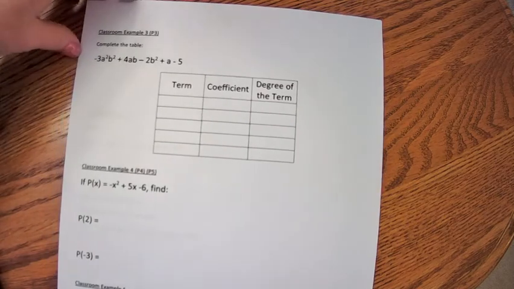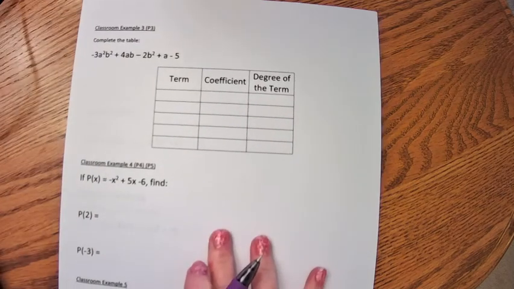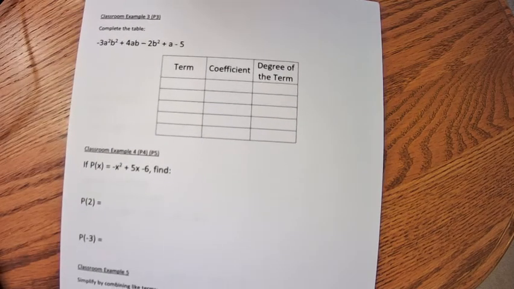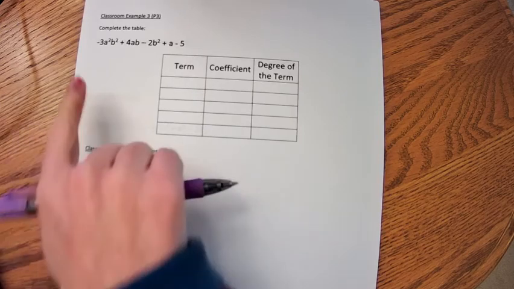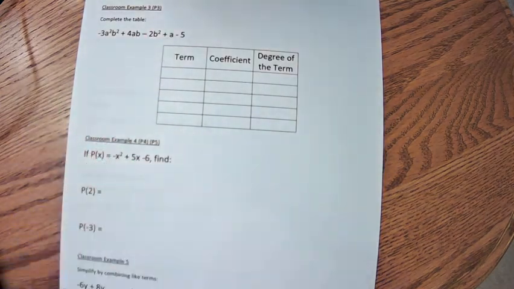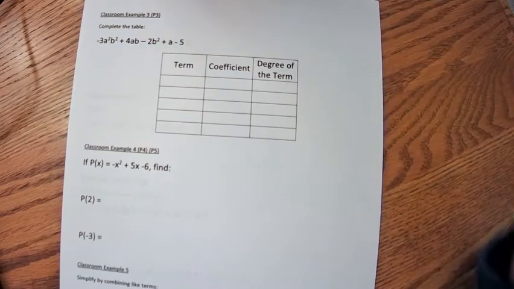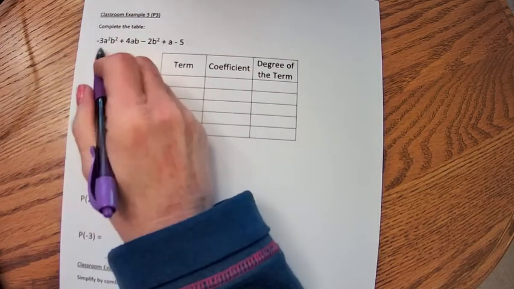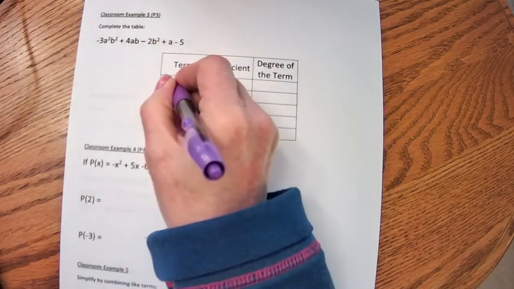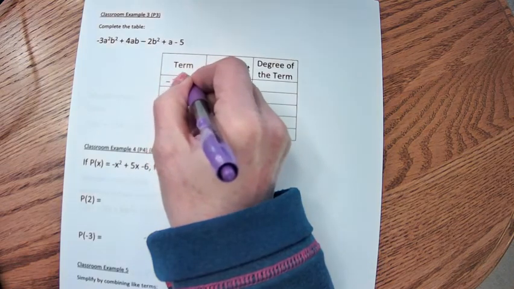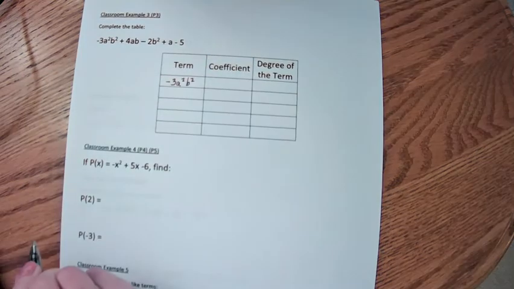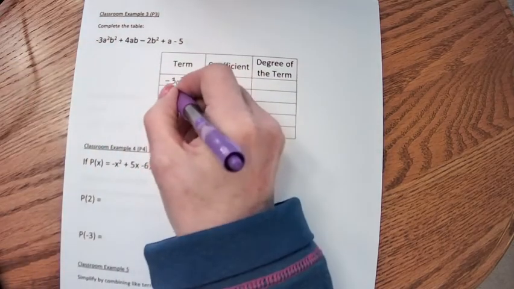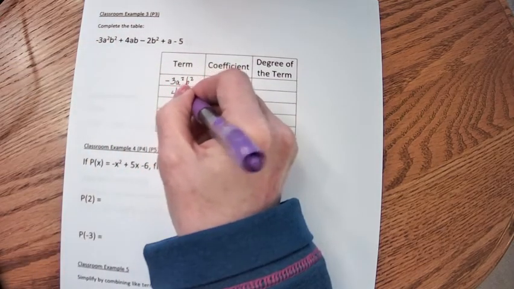Let's move on to classroom example 3. Here, for this polynomial, they want us to complete this table. So my first term is negative 3a squared b squared. My second term is 4ab.